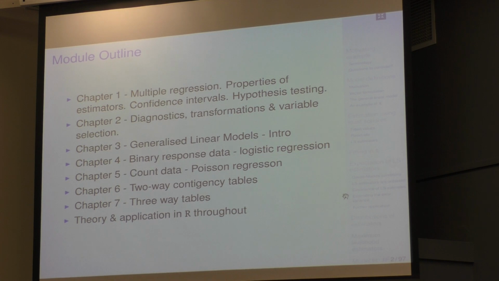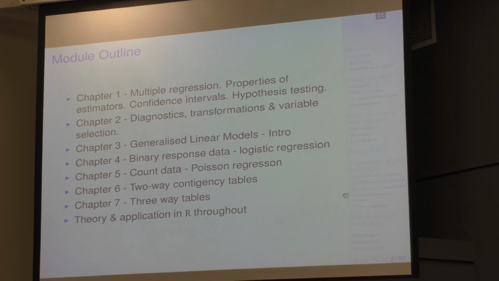And then we are covering in the remaining chapters, 6 and 7, contingency tables, which are very closely linked to count data. And of course, some of you have seen contingency tables from the beginning of your statistical higher education in MAS 113 when you did the chi-square test. We'll come back to it towards the end.